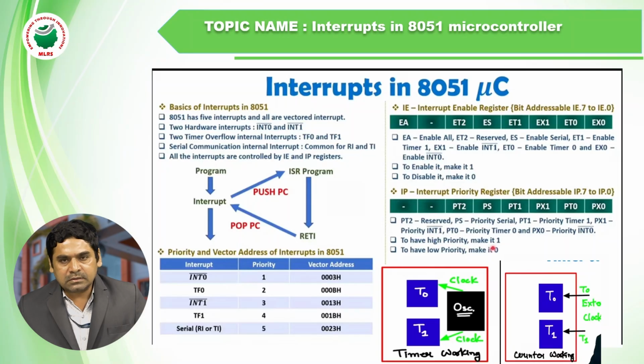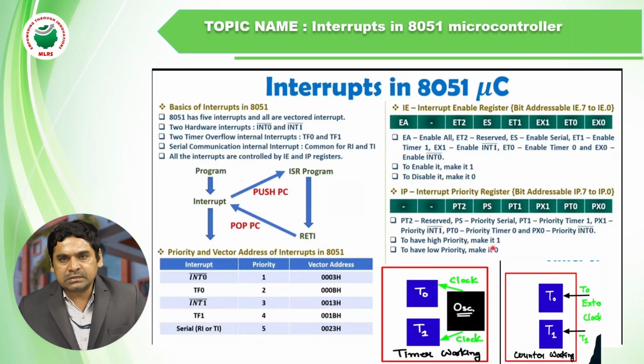The first priority is INT0 bar. The vector address of its ISR, the interrupt service routine, is 0003H.